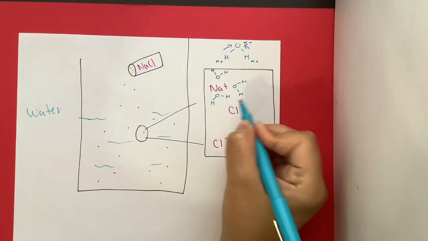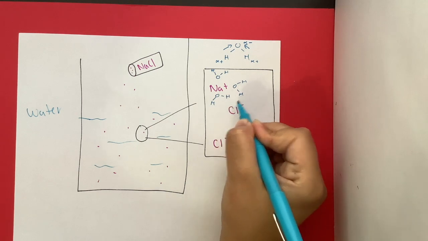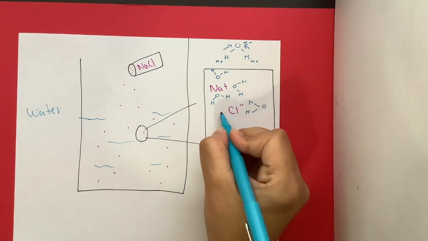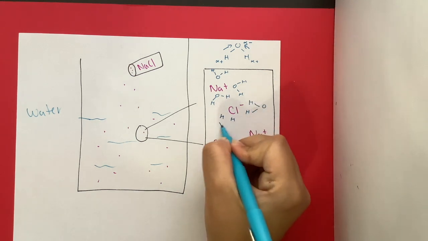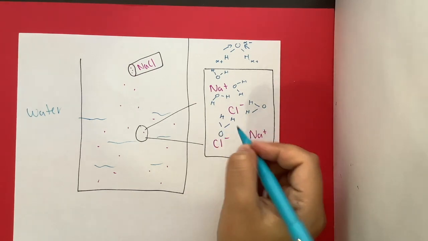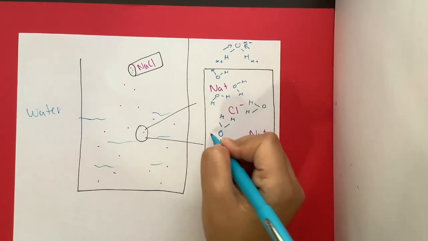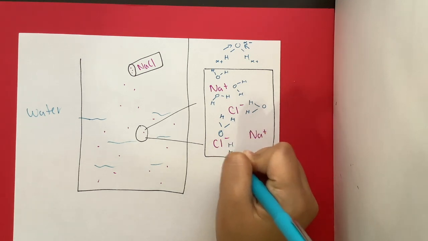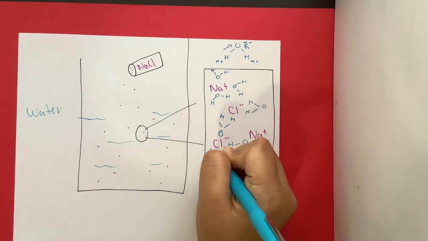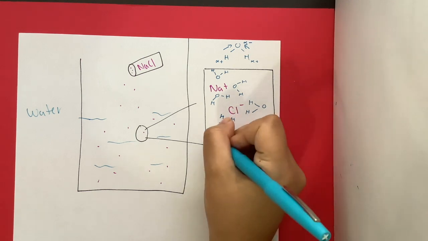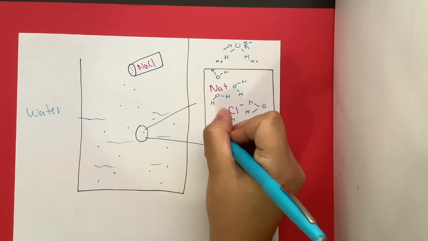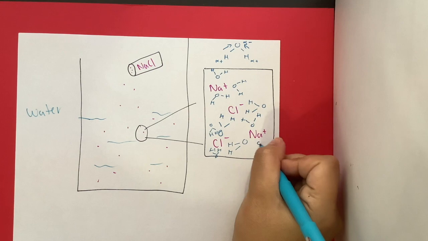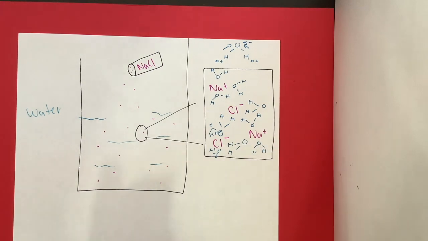Chlorine, being negative, is going to be surrounded by the positive part of water, the hydrogens, because opposites attract. Hydrogen, hydrogen, oxygen, hydrogen, hydrogen, oxygen. And this one, the oxygen will be close to sodium. So that's what's happening.